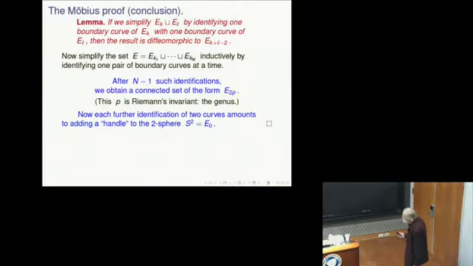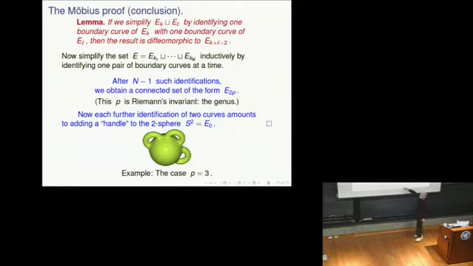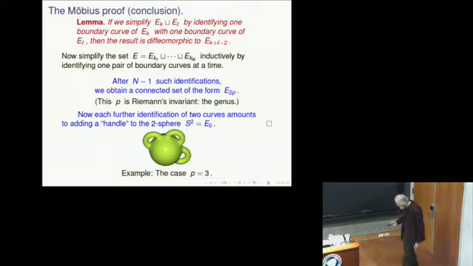And now any further identification of 2 boundary curves, if we have a sphere with 2p holes and identify them in pairs, preserving the orientation, then we get what's called a handle body. For example, here, if we take a hole here and a hole here and glue them together, it's like adding a handle. Similarly for any. And clearly we can rearrange the holes as we like, so we get an essentially unique figure in this way. So that finishes the Möbius proof.